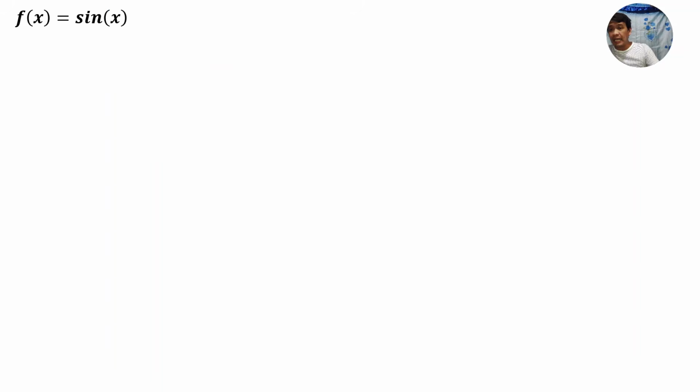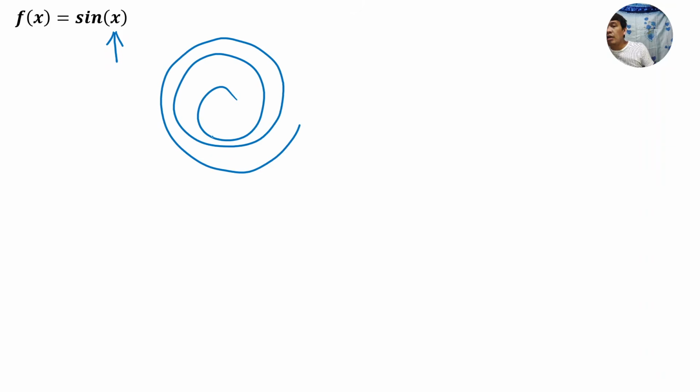And lastly, I have here f of x is equal to sine x. So sine x is actually a circular function. Since it is a circular function, any value of x is allowed, because the values of sine of x just repeat.